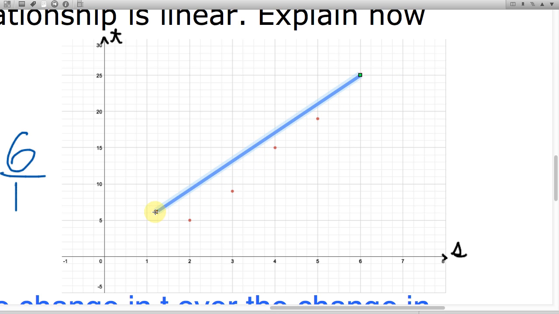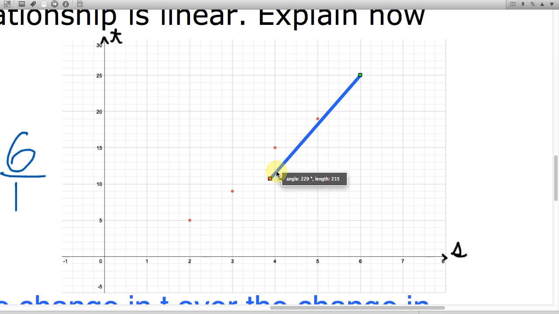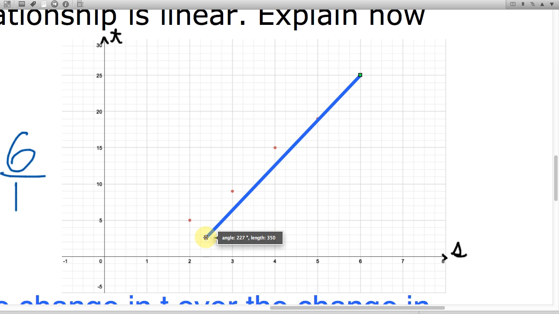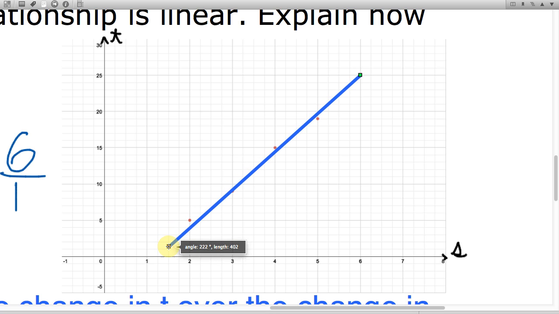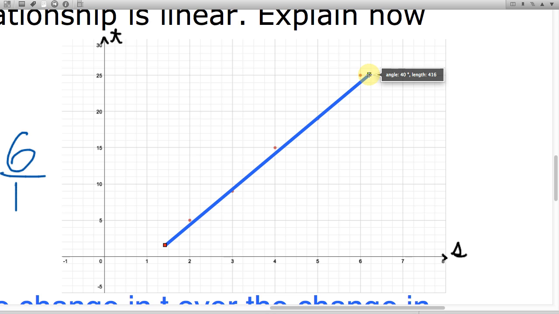If I try connecting that dot with this one and then extend it, that one's too steep for the rest. Anyways, long story short, you can see that I can't really draw a straight line and go through all these points. You say, well, if I made the dots big enough, I could. Yeah, that's true, but that's not really what we want. We want to go through the center of these points, and it's just not working out. So this is obviously not a linear relationship.